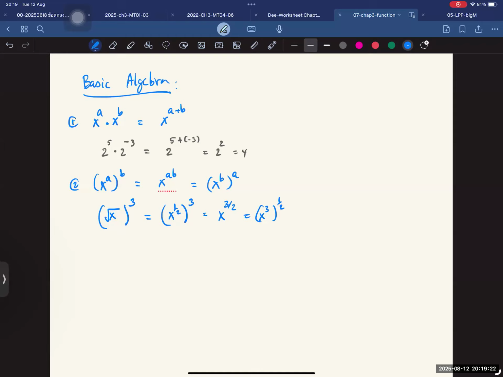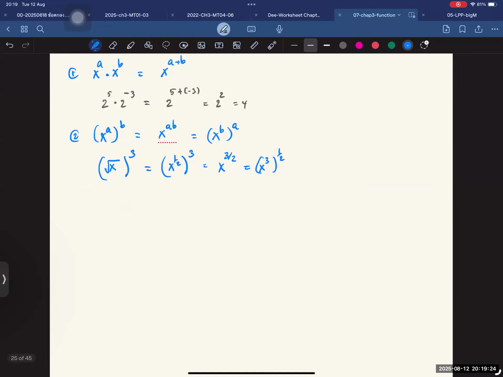Okay, how about a root, like the n-th root of x? Let me write this way.